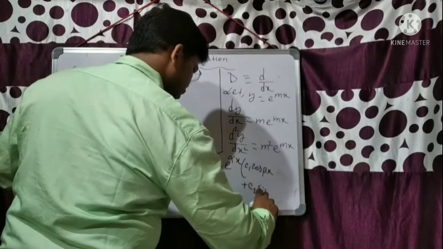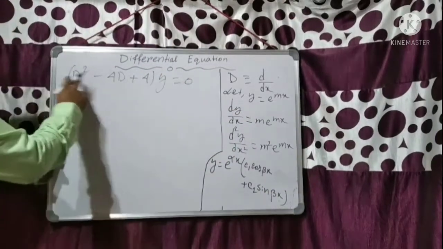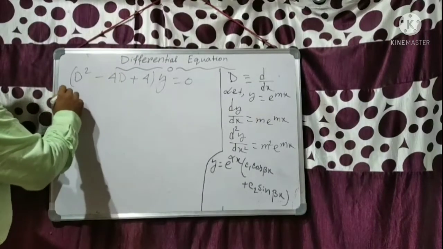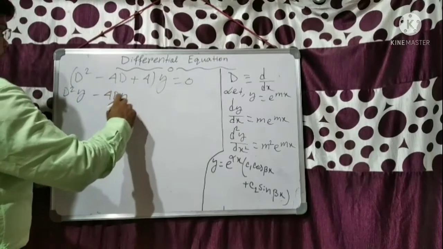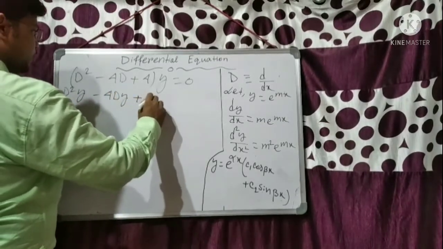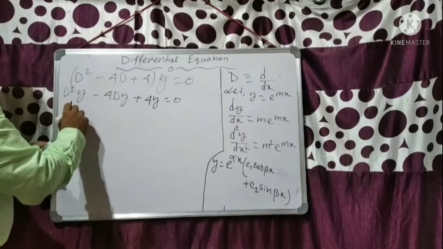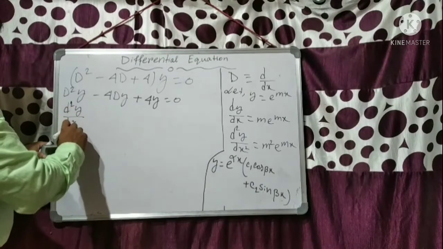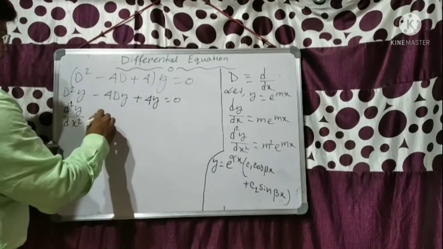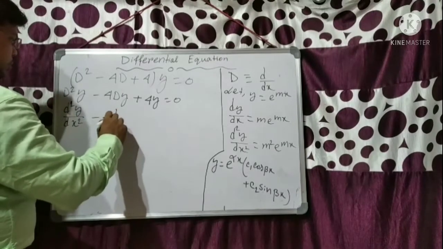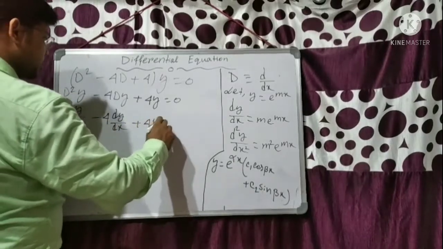c2 sin beta x. This will be the general solution, okay. So this equal to, you can write capital D square y minus 4Dy plus 4y, this will be 0. Actually D square y means already I have said d2y by dx2, okay, minus 4 dy by dx plus 4y equal to 0.